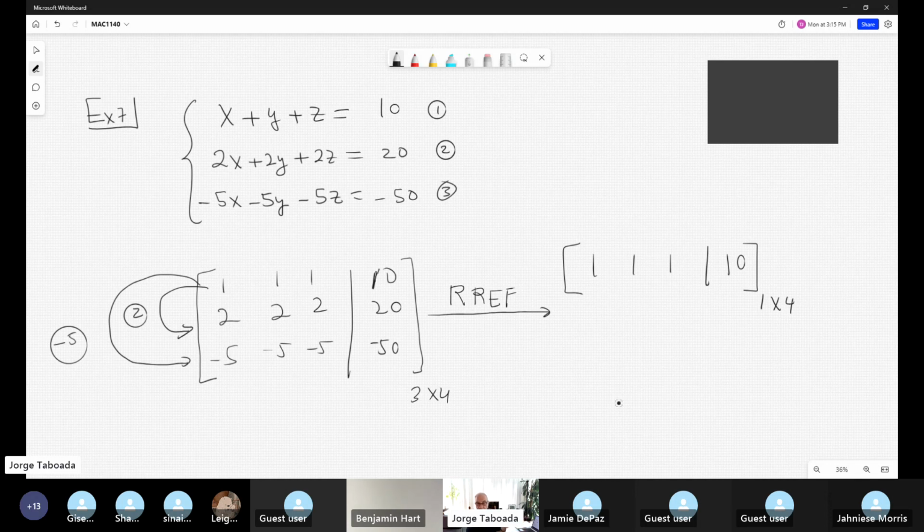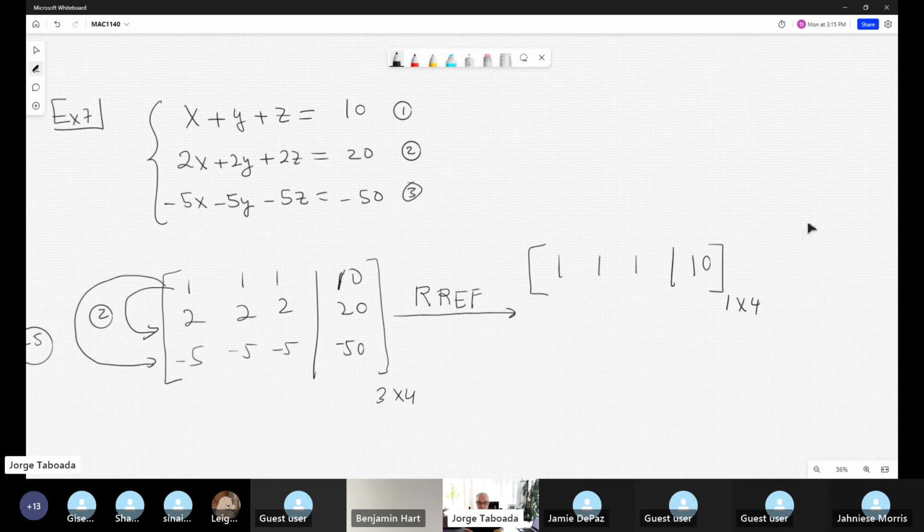Okay, so now it's obvious that actually we have only one equation. Only one equation, living in the 3D context. Let me try to understand the dimension of this object.